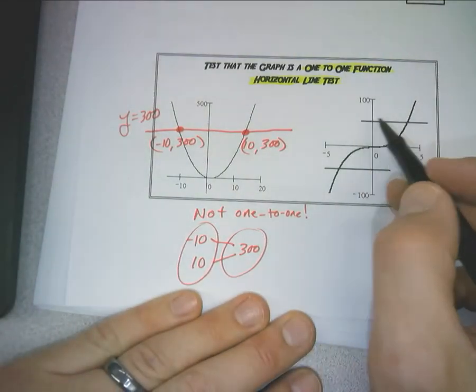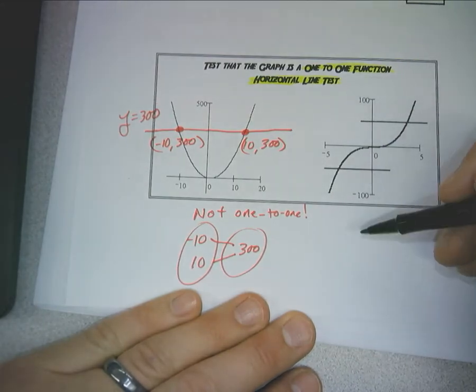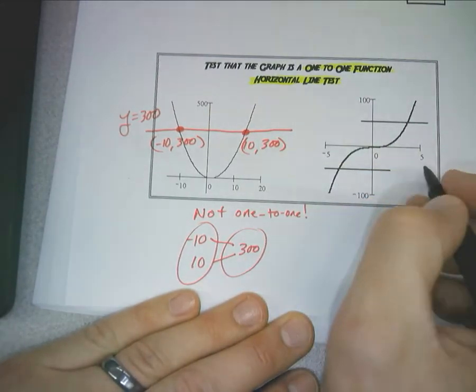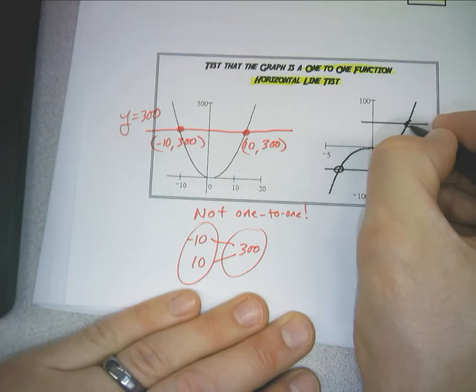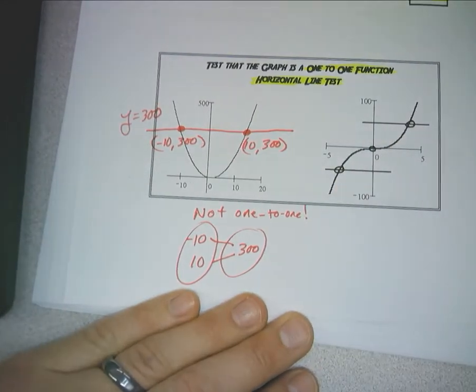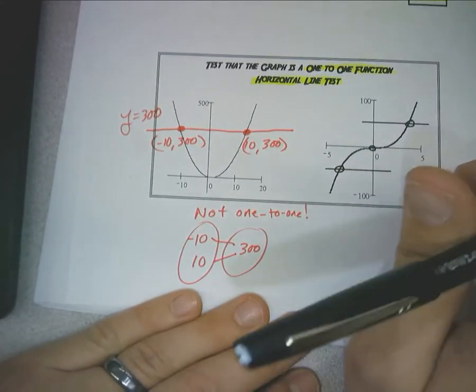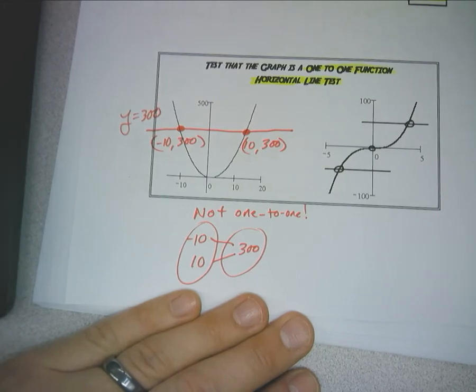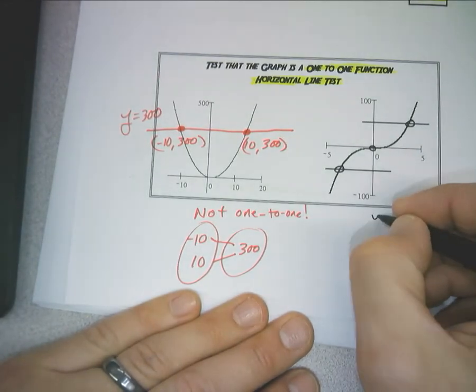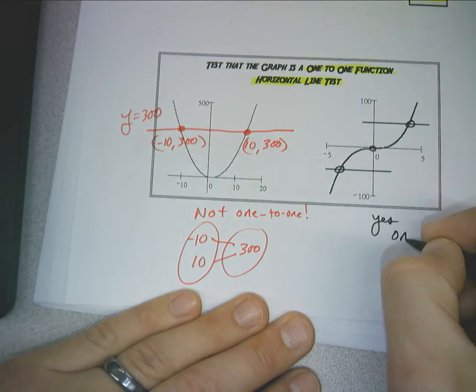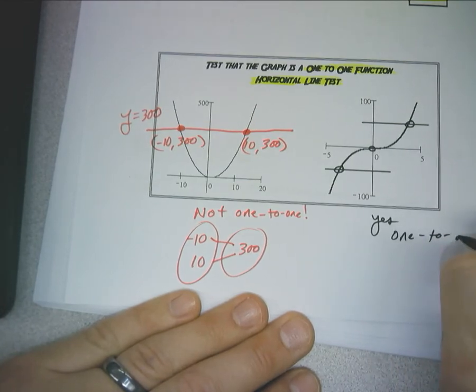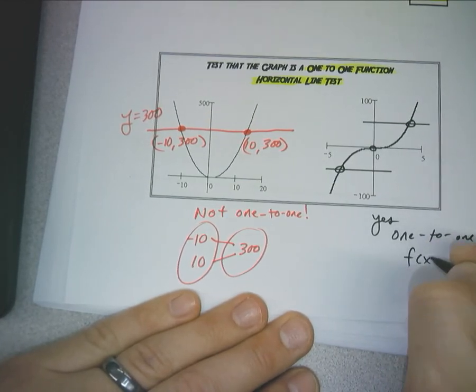Versus, yes, this is a function that passes the vertical line test, and if I look, these guys only intersect in one spot. So every x has exactly one y. So yes, this is a one-to-one function.